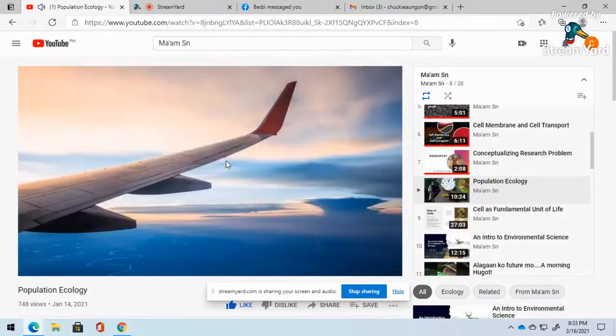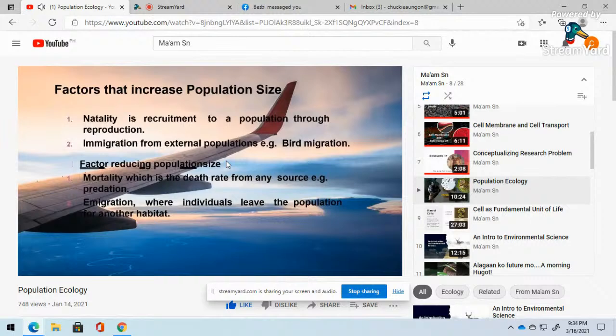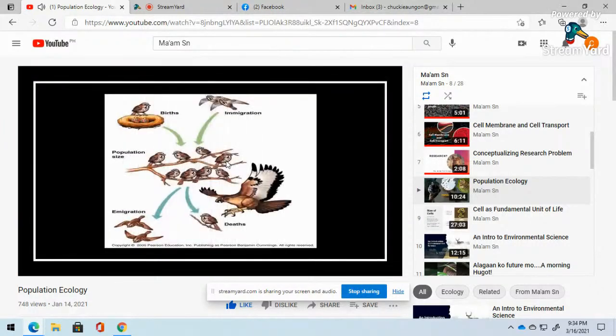Factors that increase population size: birth and immigration increase population size, while death and emigration decrease population size.